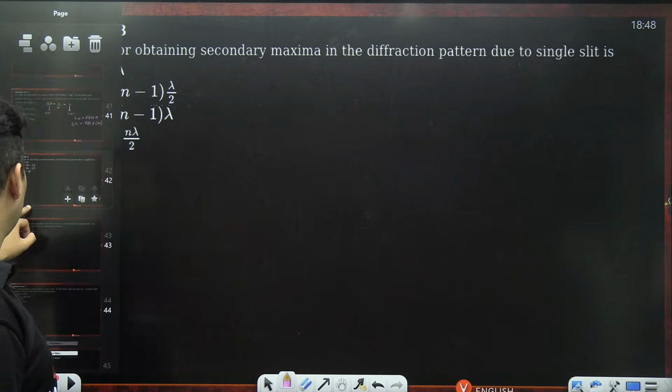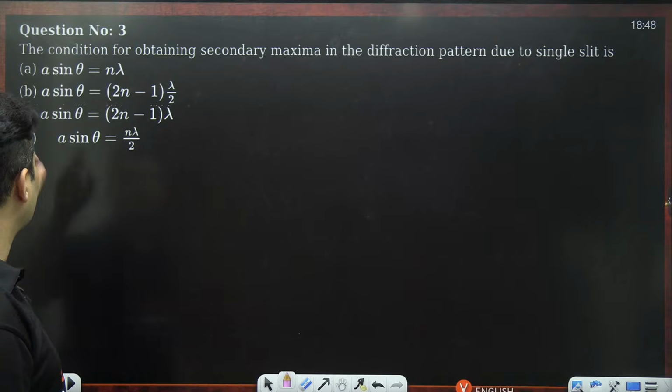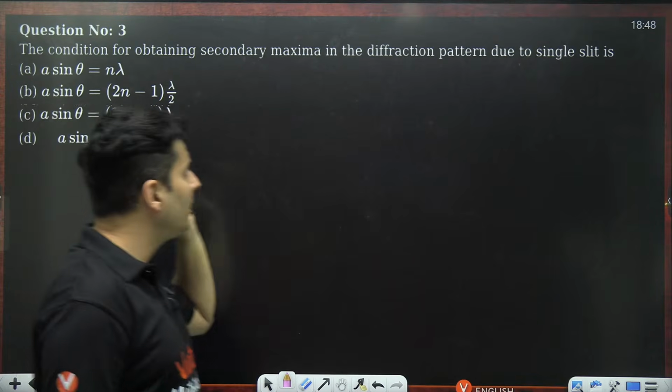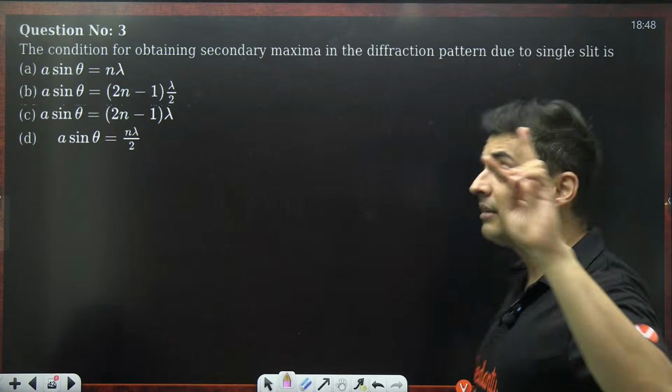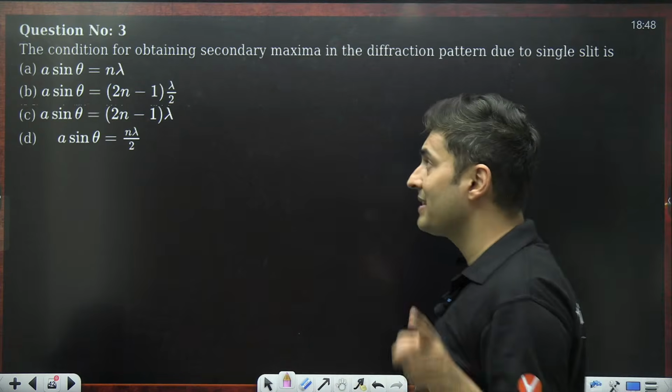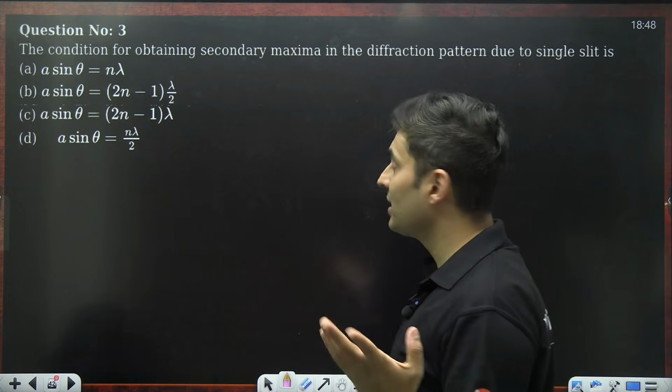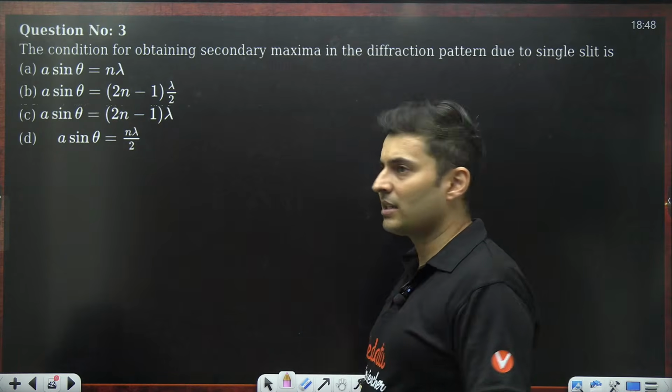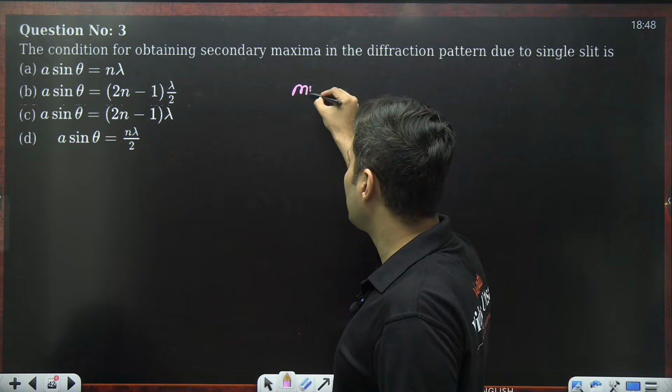Okay. Moving on to the next question on your screen. The condition for obtaining secondary maxima in diffraction pattern due to single slit. For obtaining secondary maxima, meaning just maxima. So for minima, what is the formula?